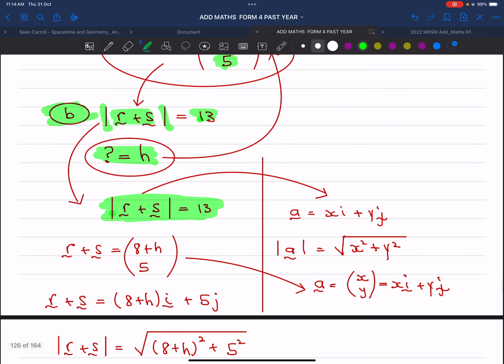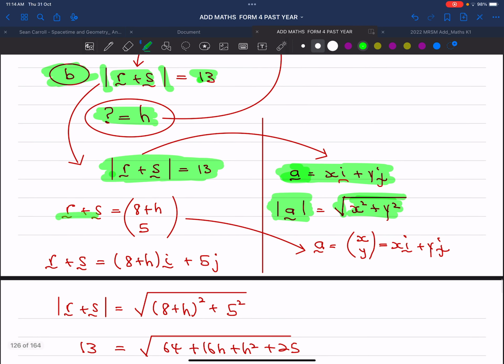If you remember our notes, for a vector A, xi plus yj, where i and j are unit vectors, the magnitude of the vector A is the square root of x squared plus y squared.